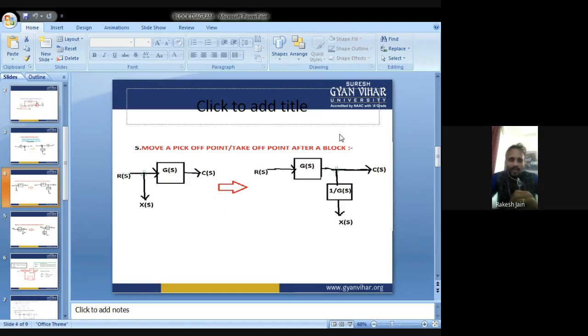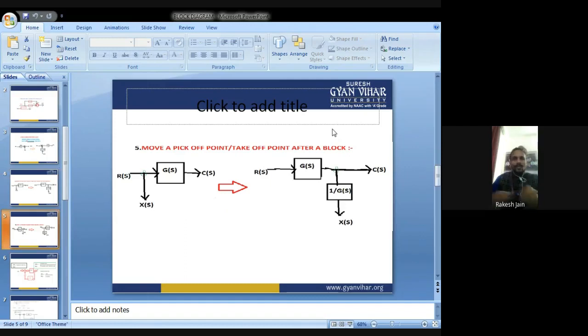Then what will happen? The gain of that block, which was G(s), now comes in reciprocal manner. So R(s) is the input, C(s) is the output as it is, G(s) is the gain, and then 1 upon G(s) will be included with that branch, because we wish to move the pick off point from before the block to just after the block.